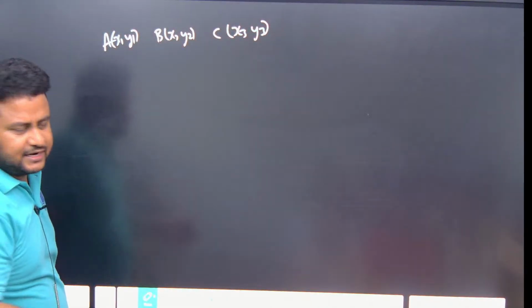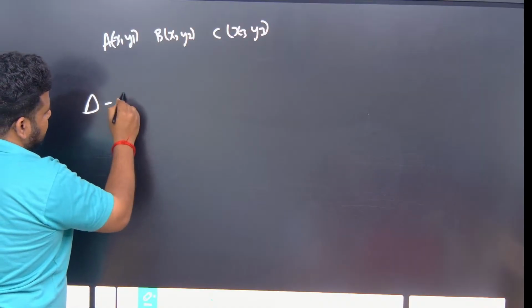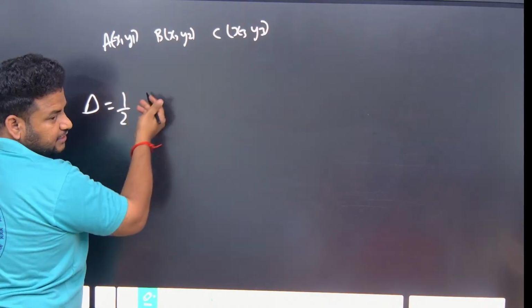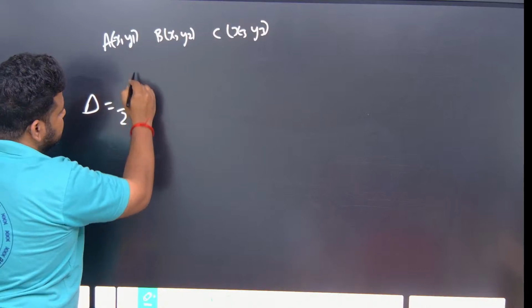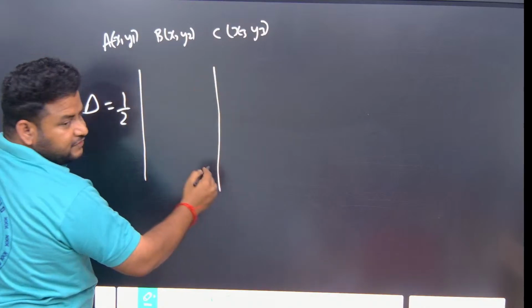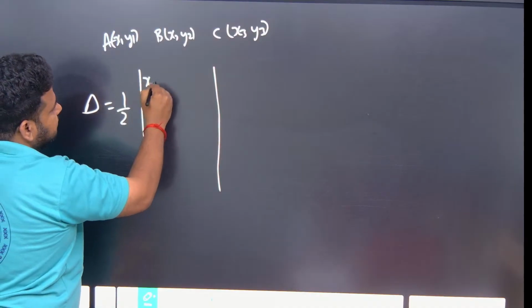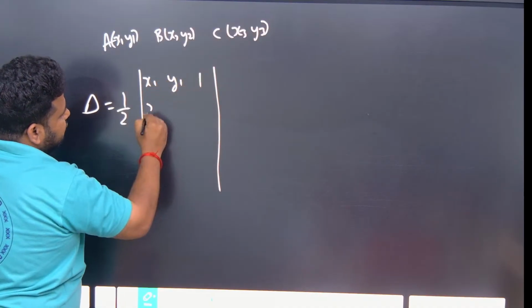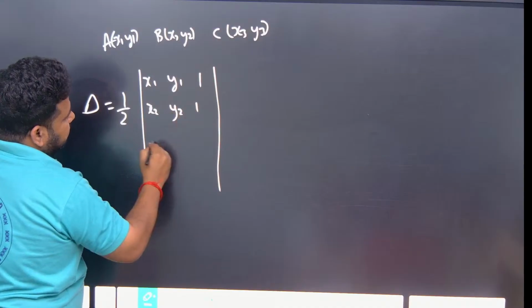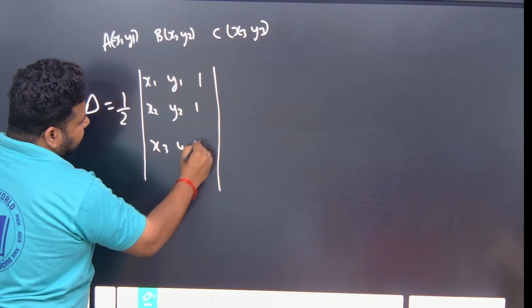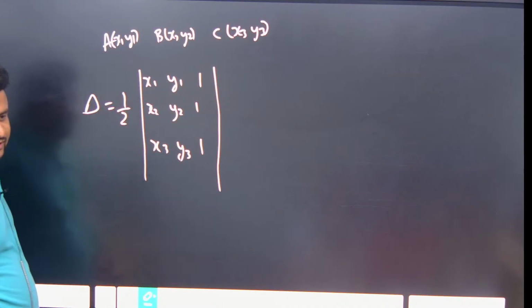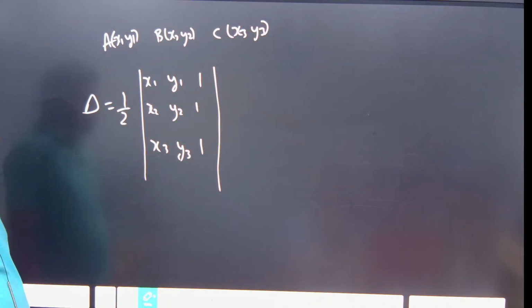If they ask the area of the triangle, that is delta, delta is equal to half times modulus, no need to write modulus, you know area is always positive. So delta will be equal to half into the determinant of x1, y1, 1, x2, y2, 1, x3, y3, 1. This is one thing. You will find the determinant and you will get the answer.